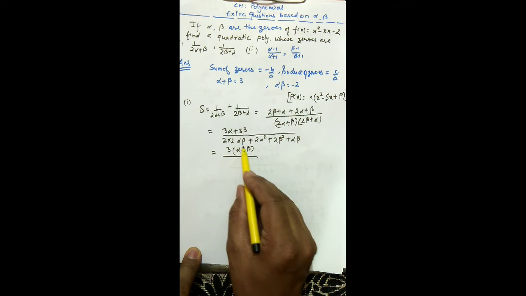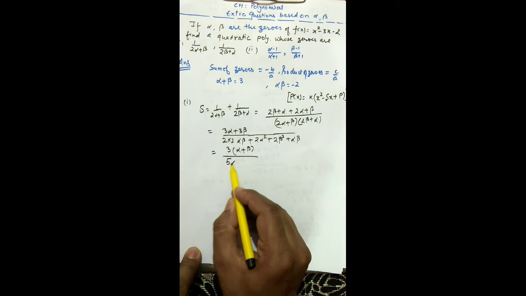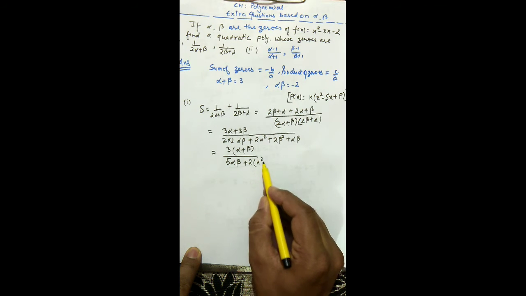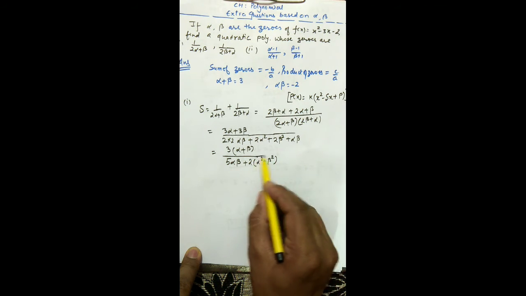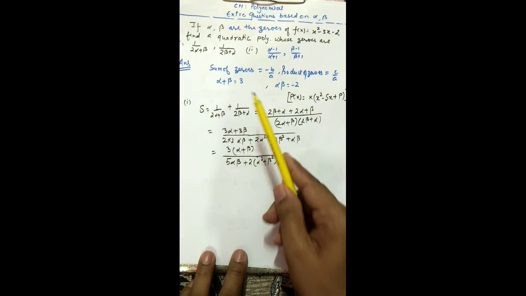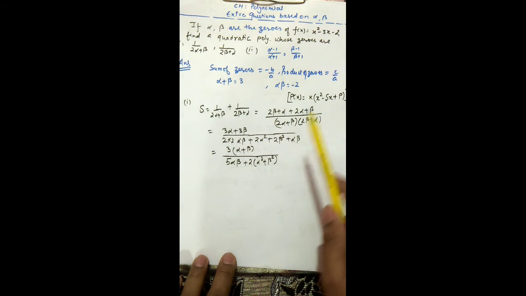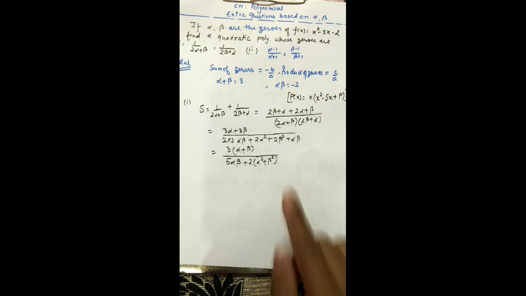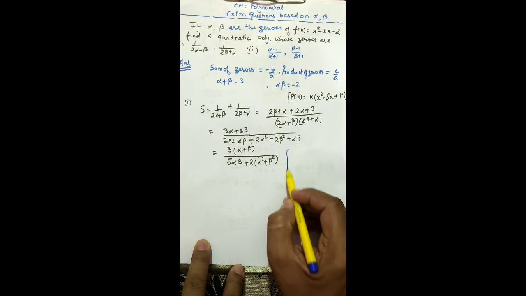In the denominator it's 4 alpha beta and this alpha beta, so 5 alpha beta, and 2 common gives alpha square plus beta square. Now you know alpha plus beta is 3 and alpha beta is minus 2, but you don't know alpha square plus beta square. Once you get that value, it's very easy to get the value of s. So now I'll show how you can calculate this.